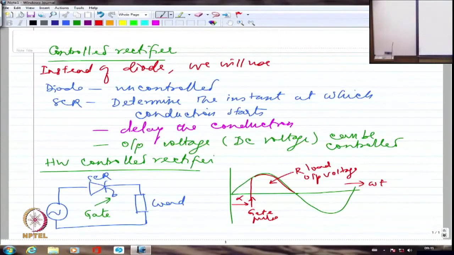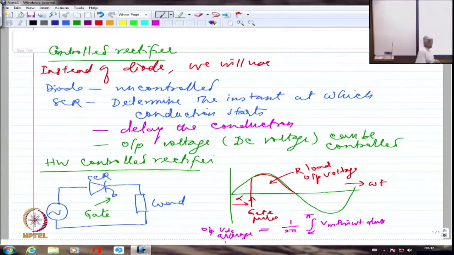If I am talking about resistance load, the output voltage will be like this. I am sure you can derive the expression for this. It will essentially become Vm sin omega t from alpha to pi. That's it, right? So I am going to have 1 by 2 pi, integral from alpha to pi of Vm sin omega t d omega t. This will be the output voltage. Output V DC average.